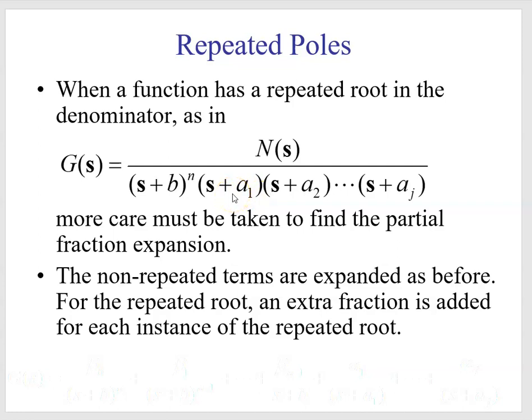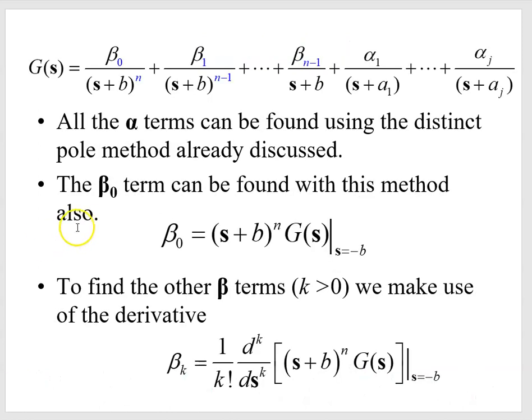So the way that we'll do our partial fraction expansion for the distinct roots is the same as we've done them in the past, but when we have repeated roots we have to take a little bit of extra care. If we look at how we've set up these, we've expanded the repeated root here.